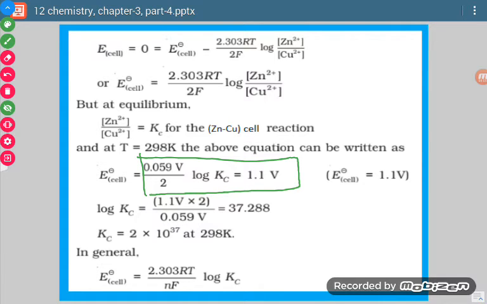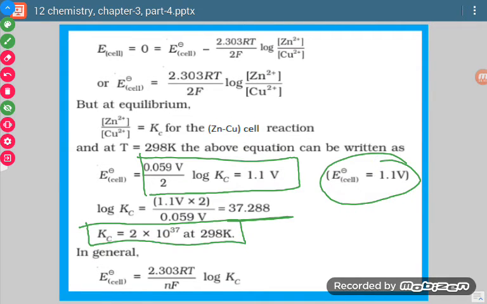So log Kc is equal to 37.288. So Kc value is equal to this much. Okay, so when we talk about Daniell cell, for which E naught cell value is this much, then here we will get Kc value as equal to this much.